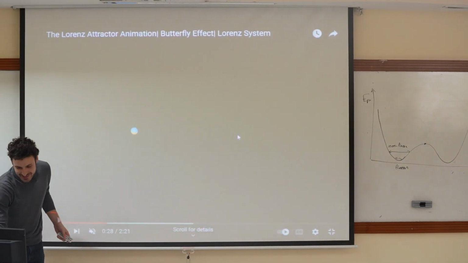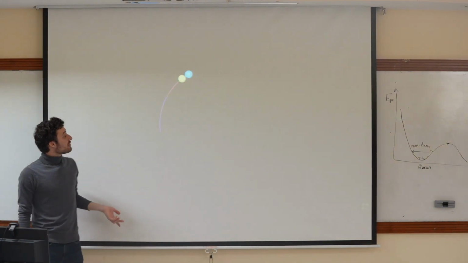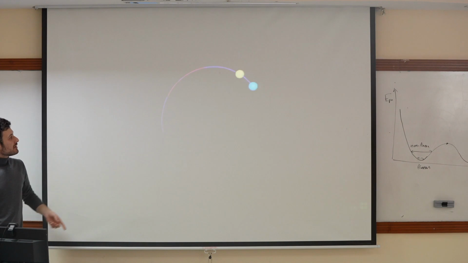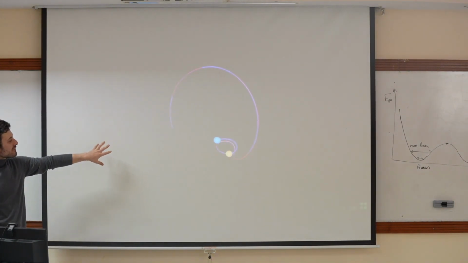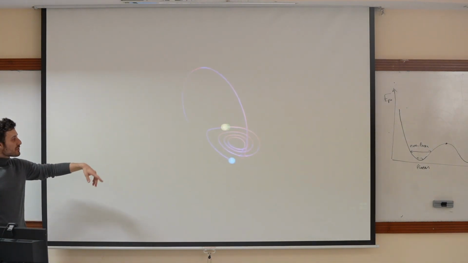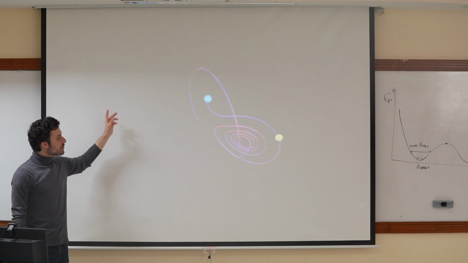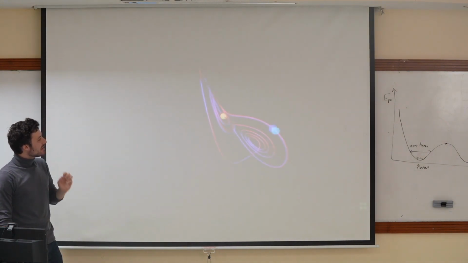Okay, let's do this. So initially, they're close by, they remain close. Already you can see that they're diverging a little bit. And that divergence is just increasing more and more until at some point they don't really start looking alike at all.